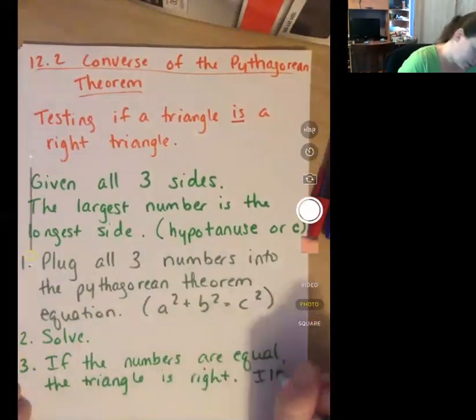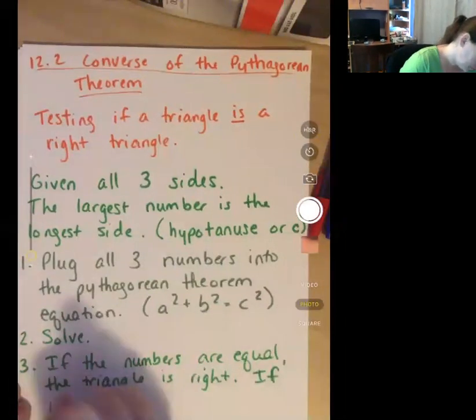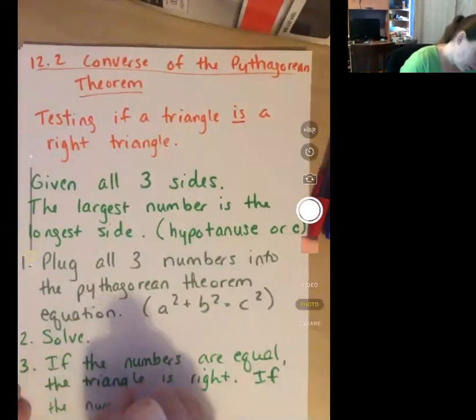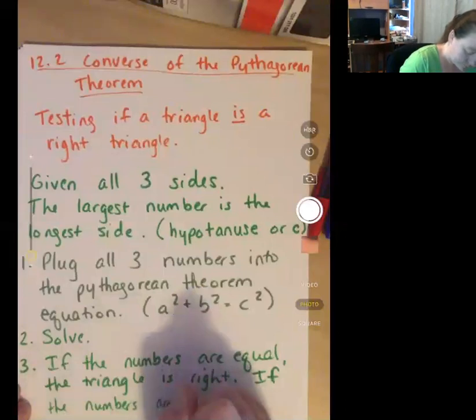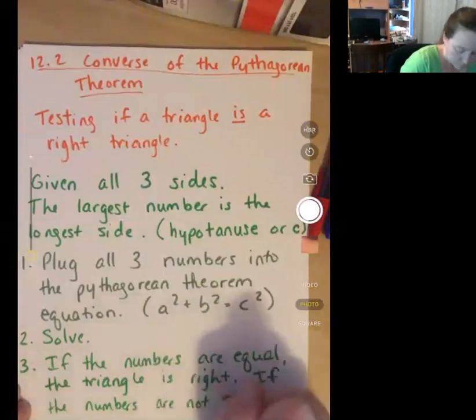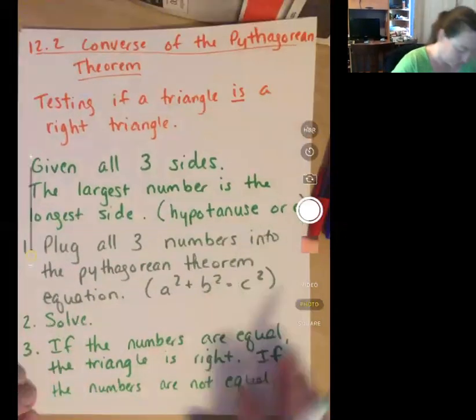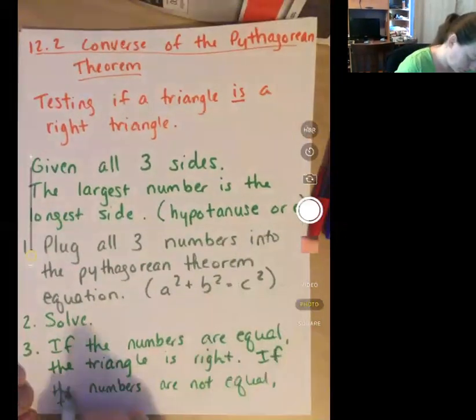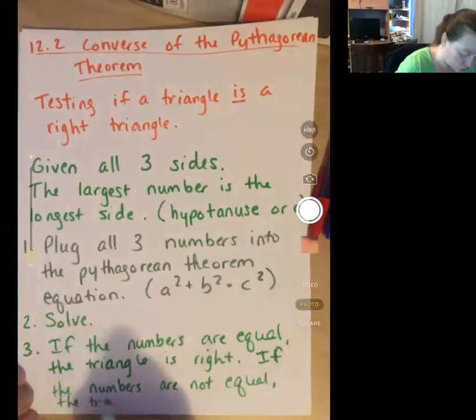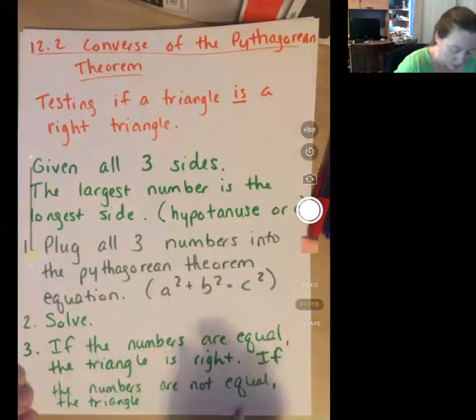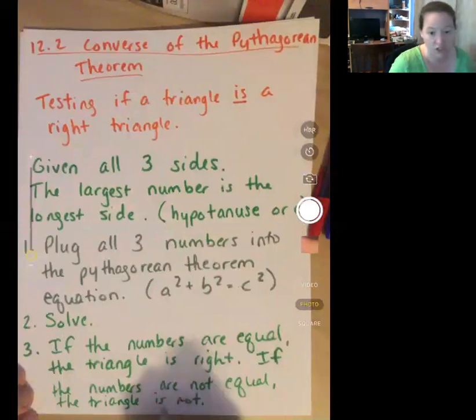If the numbers are not equal, the triangle is not. It's either an acute or an obtuse triangle. We have no way of telling what type it is. This is just for, is it a right triangle or not?